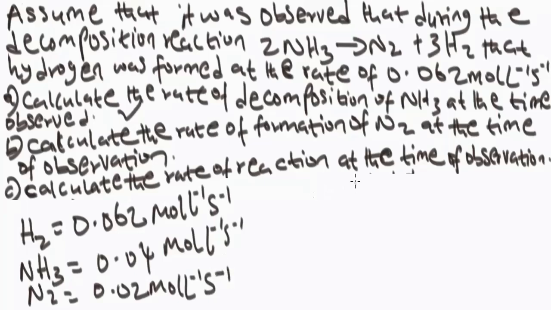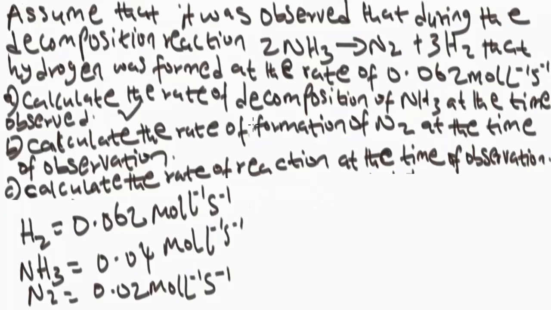Alright, so to calculate the rate of reaction at the time observed, we are going to do it using the rate of disappearance of the reactant or the rate of appearance of the products with the stoichiometric coefficient.